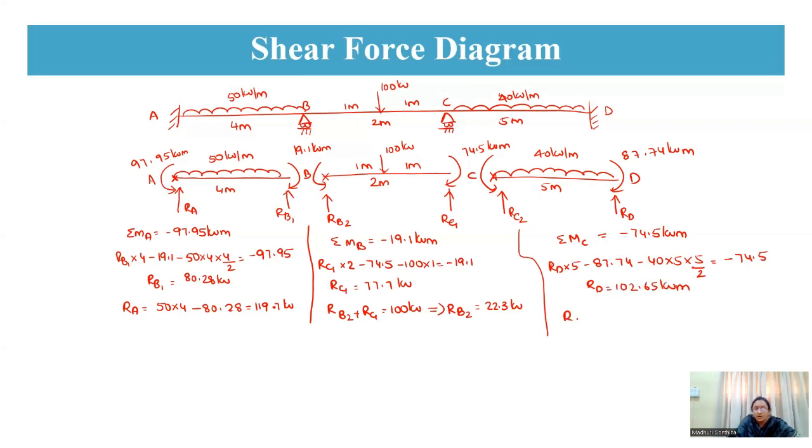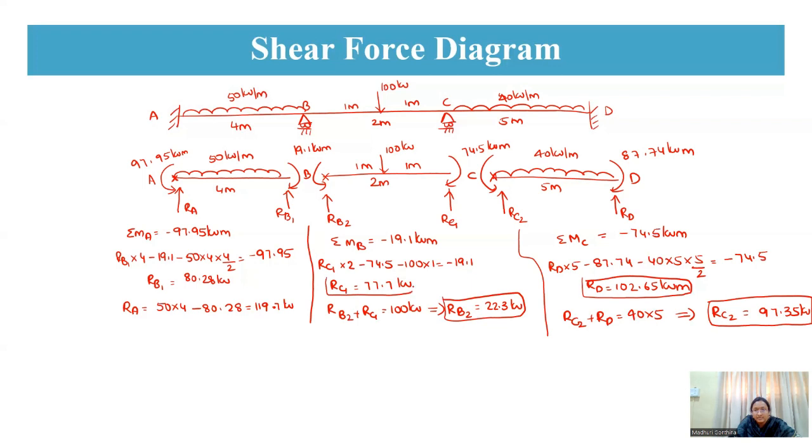Now RC2 plus RD will be equal to 40 into 5. So this implies RC2 will be equal to 97.35 kilonewton. So this is your RC2 value and this is your RD value and this is your RB2, RC1 and RB1 and RA is equal to this value.